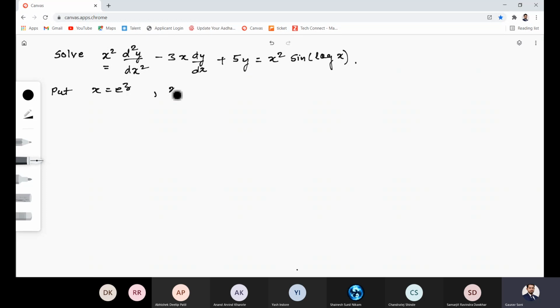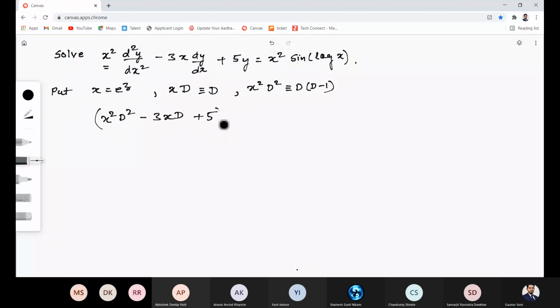X square d square will be replaced by d into d minus 1. That's it. We just have two derivatives there. Okay. So first of all, write down the given differential equation. That will be x square d square minus 3x into d plus 5, bracket complete, y is equal to x square sine of log x.